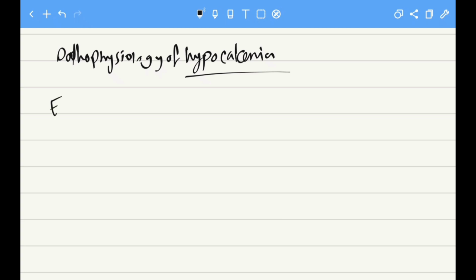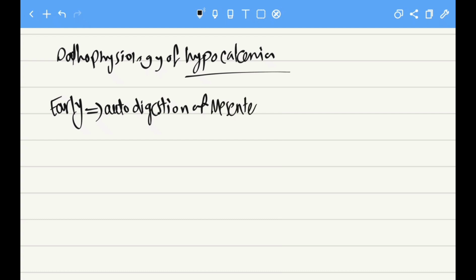In the early stage, there is autodigestion of mesenteric fat by pancreatic enzymes such as lipase.